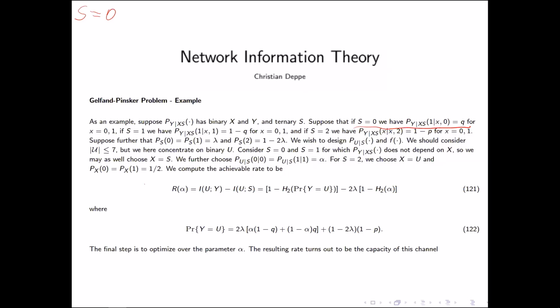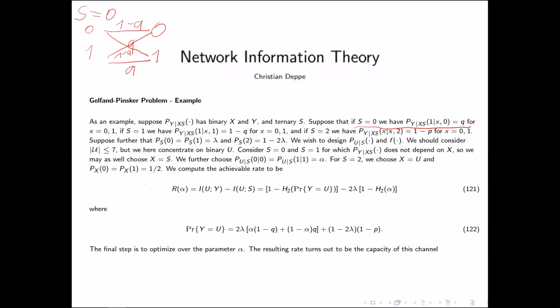This means if I have the input x, 0 or 1, then I go with probability 1 minus q to 0, with probability q to 1. But if I have a 1, then also with probability 1 minus q, I go to 0, and with probability q, I go to 1.